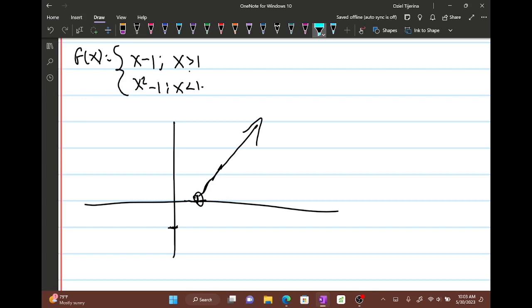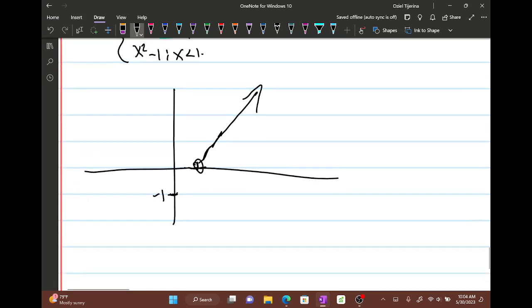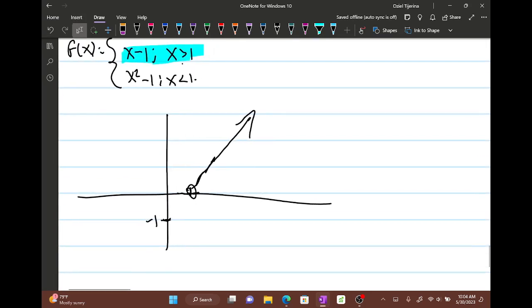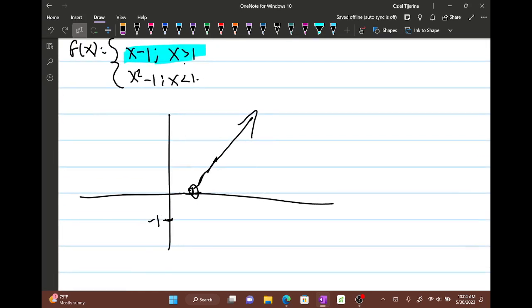And this is x minus 1, right? So like this, and obviously it's such that x is greater than 1. But then let's say they give you another one, x squared minus 1, and they say that's only true such that x is less than 1.